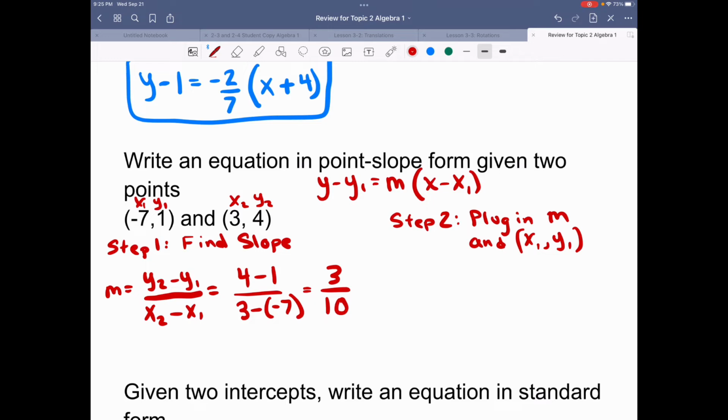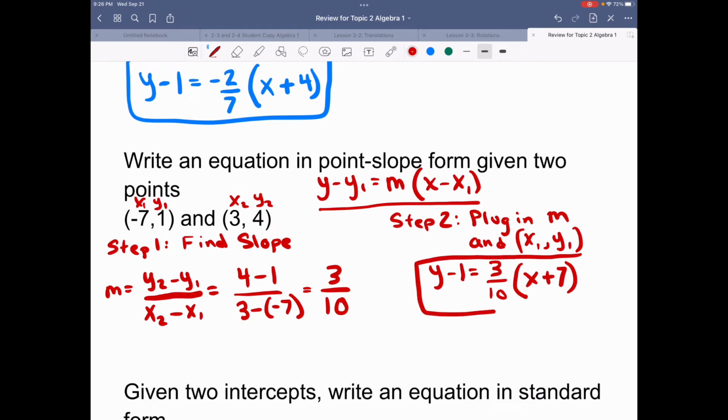Okay, so we're plugging it into this point slope form. Y minus y1, which was 1, equals, our slope is 3 over 10, parentheses x. It says minus negative 7, so it's going to be plus 7. Kind of like in the last problem.